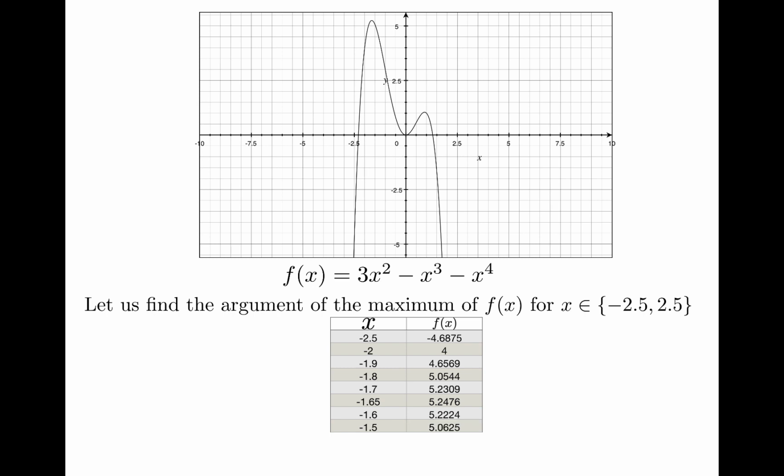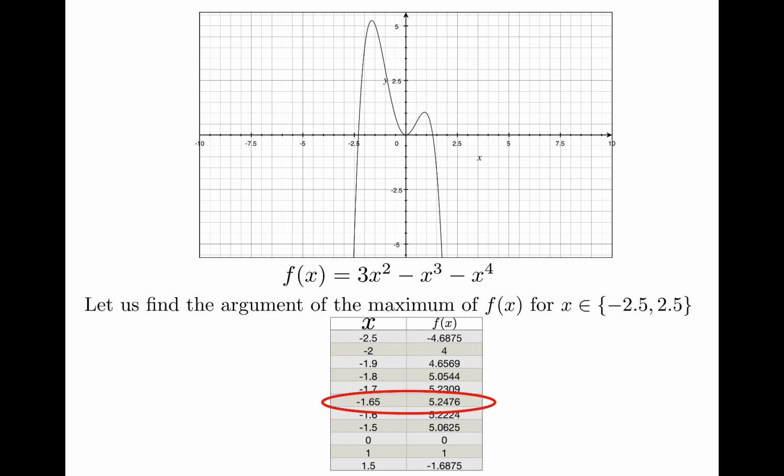Let's be a little more sure. Let's check with x equal to 0. We have then f(x) equal to 0, and then for x equal to 1, we have f(x) equal to 1. For x equal to 1.5, we have f(x) equal to minus 1.6875. So doing this exercise, we can see very clearly that at minus 1.65, your f(x) is maximum, which is 5.2476.